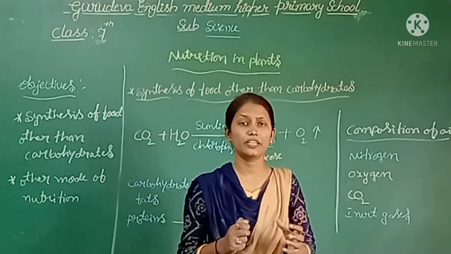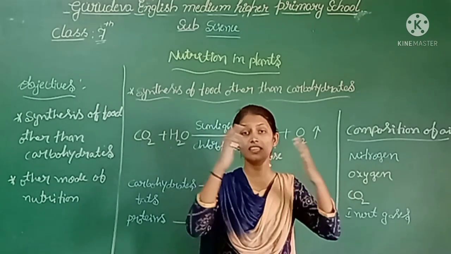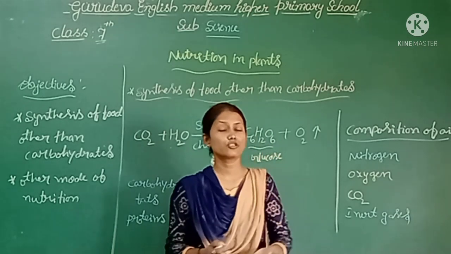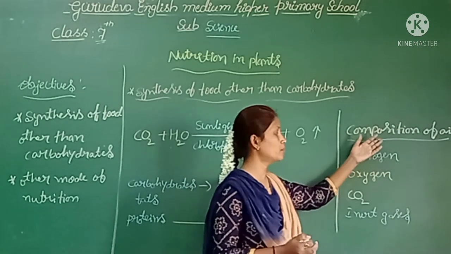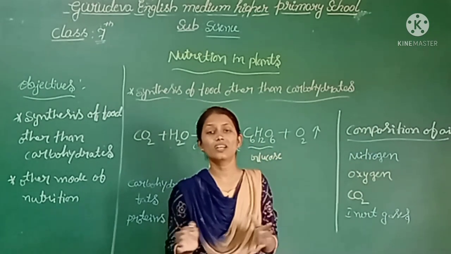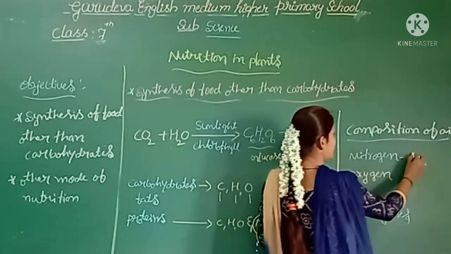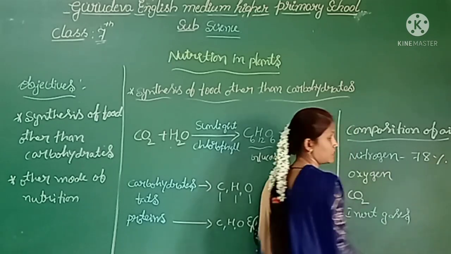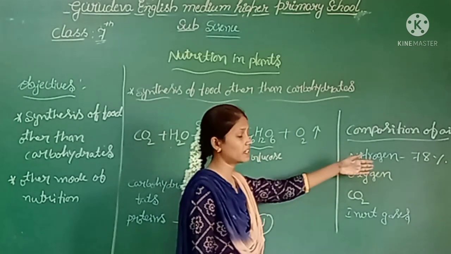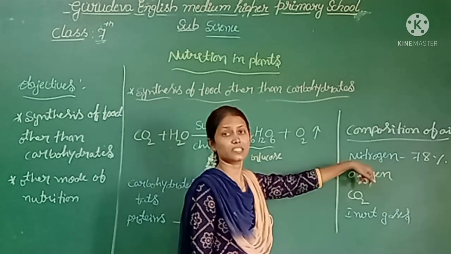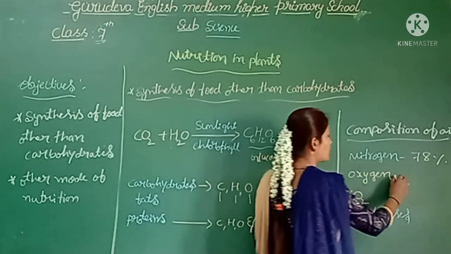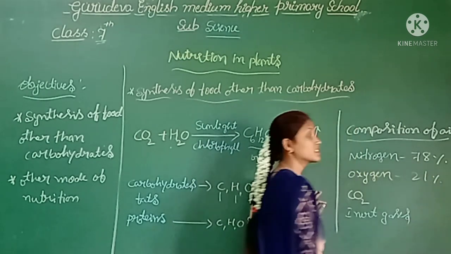As you know, nitrogen is present in abundance in the atmosphere, and you also know from 6th standard the composition of air. What is air made up of? Air contains 78% nitrogen gas and 21% oxygen gas.